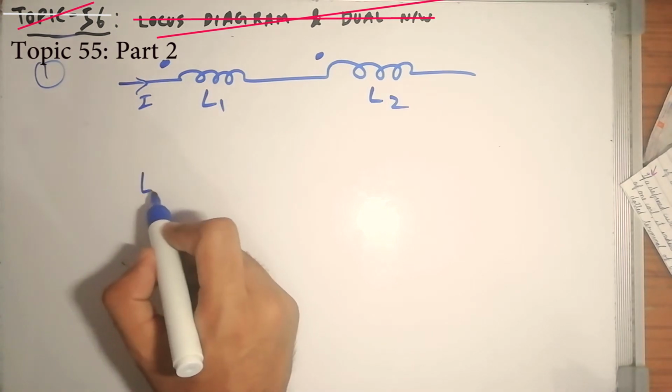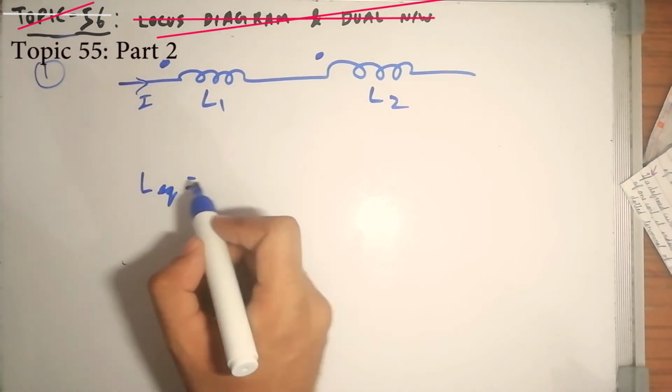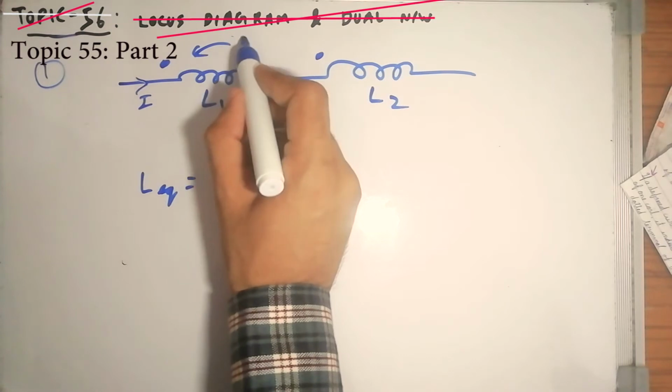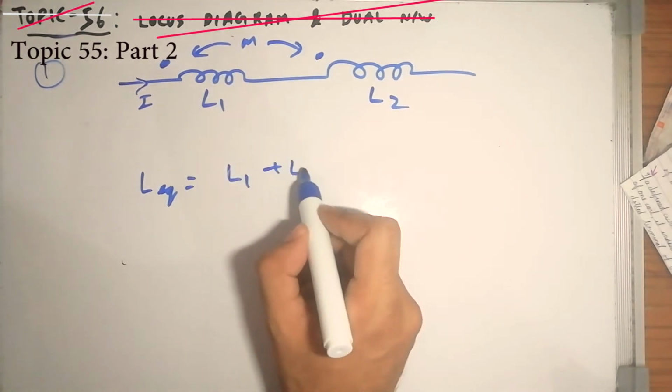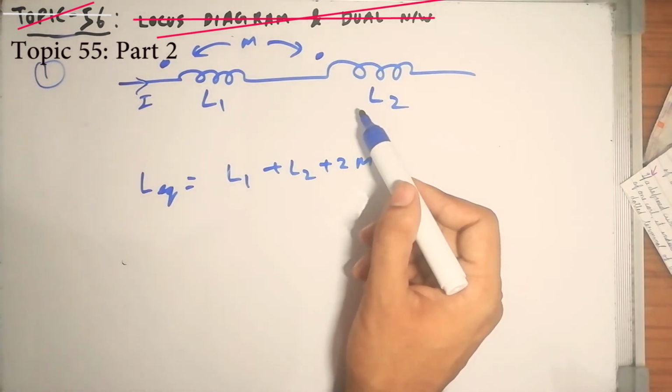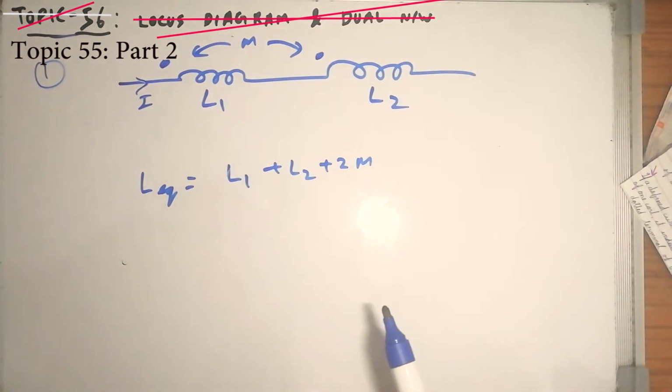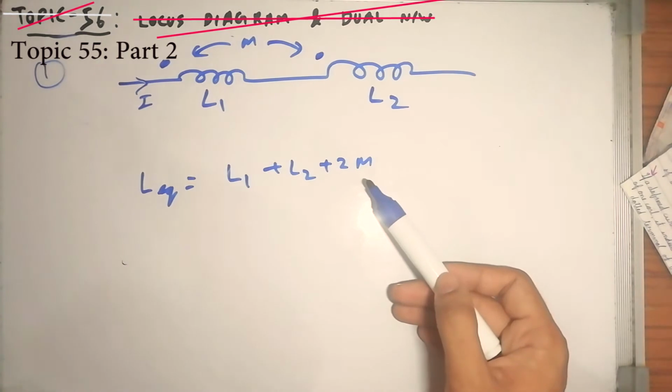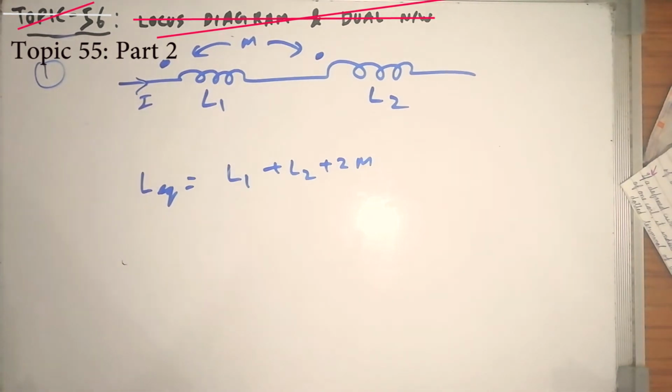So L equivalent will be given by L1 plus L2 plus 2M, that is, these two inductors are in series and their mutually induced EMFs are added. So this is the trick.